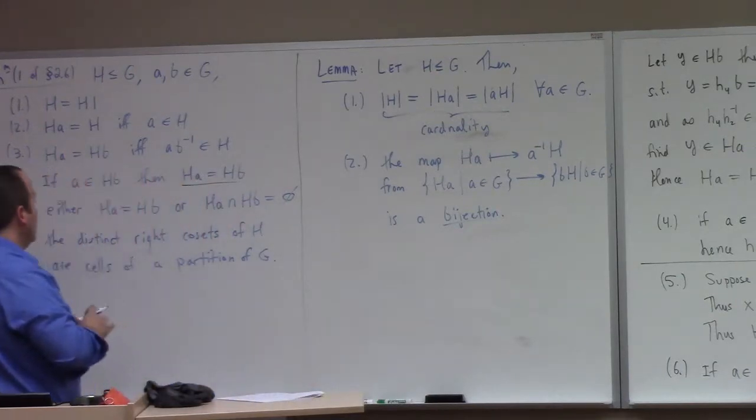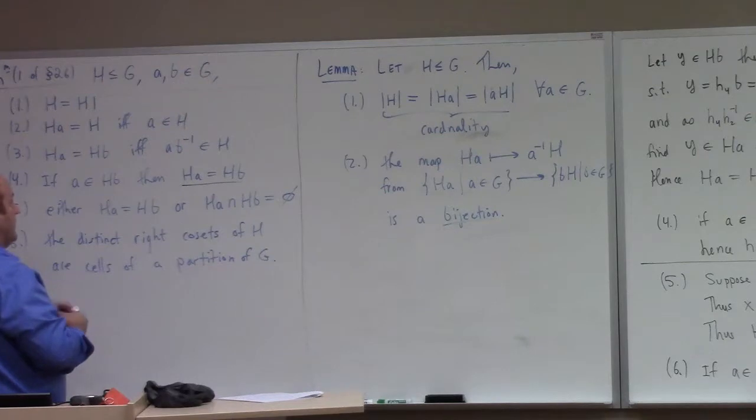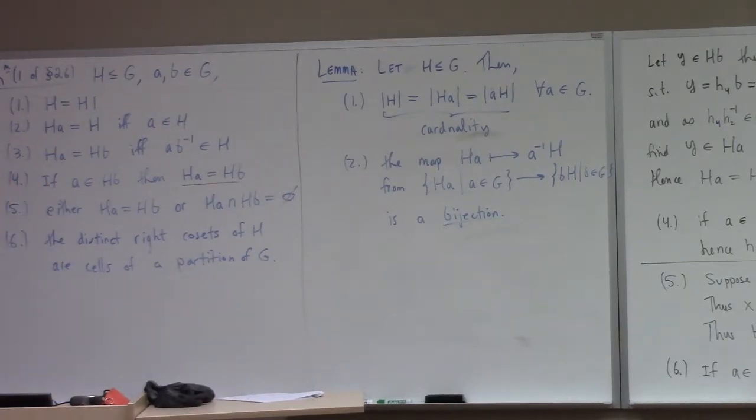There's one thing I missed, guys. If we were working with left cosets instead of right cosets, almost the same proofs go through, right? But there is a big difference. AH is equal to BH if and only if what? Yeah, B inverse A is in H, right?